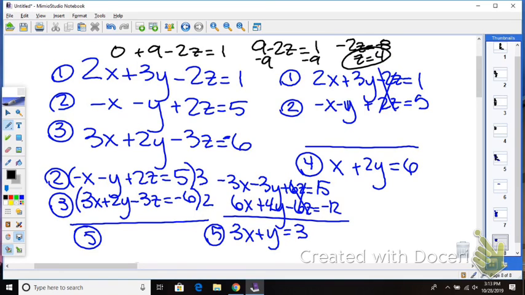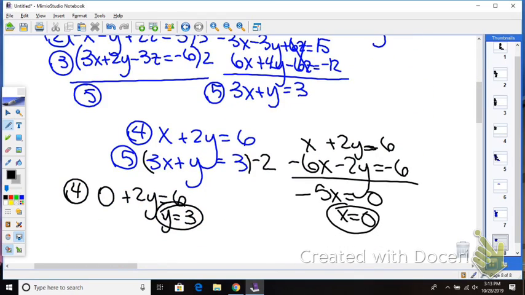Okay, I found x is 0, y is 3, and z is 4.